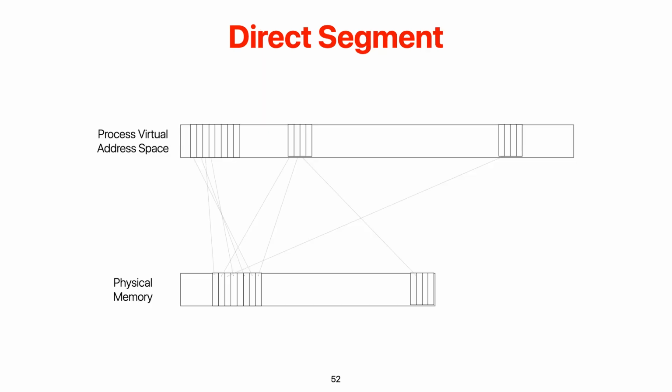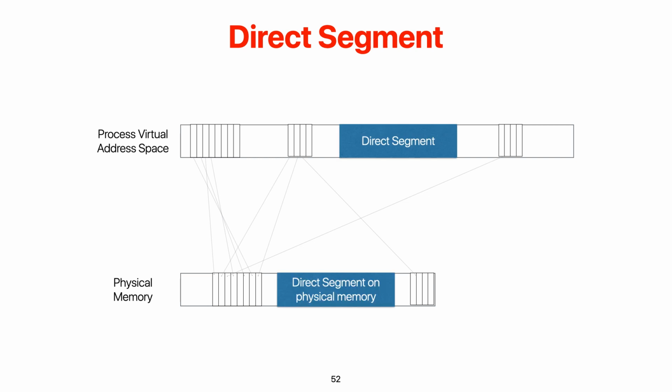So we assume in your virtual memory address space there is a segment area, and this segment area is mapped to a direct segment on the physical memory. And both of them are consecutive.